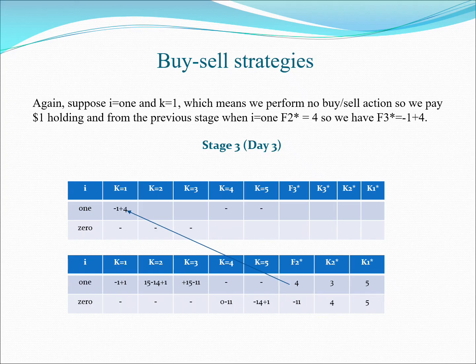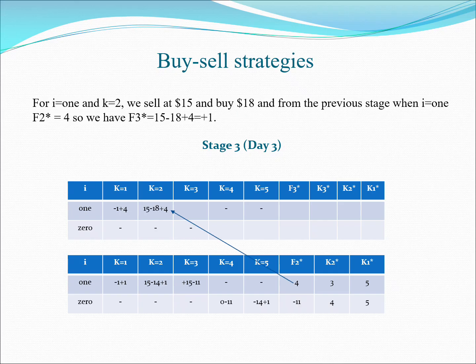Again, suppose I equals 1 and k equals 1, which means we perform no buy-sell action, so we pay $1 holding, and from the previous stage, when I equals 1, f2 star equals 4. So we have f3 star equals negative 1 plus 4.